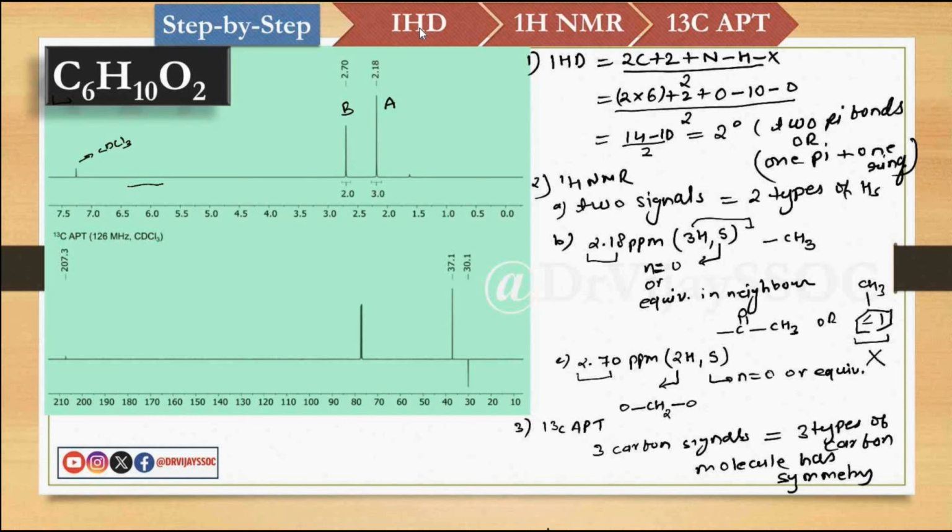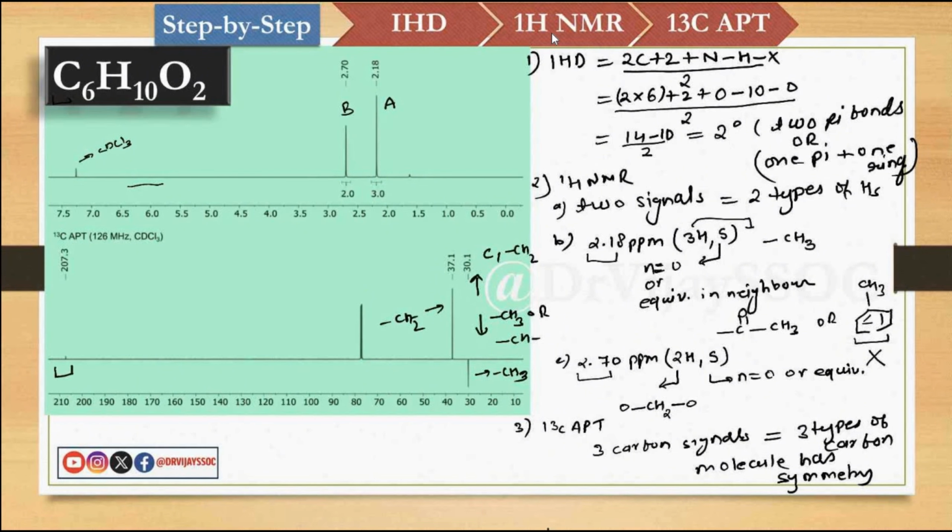Now we know that upward signals belong to quaternary carbon or CH2, and downward signals belong to CH3 or CH. Now there is a downward signal, and we have already confirmed that there is a methyl, so this probably belongs to the CH3, and this one belongs to CH2. Okay, this is clear to us.